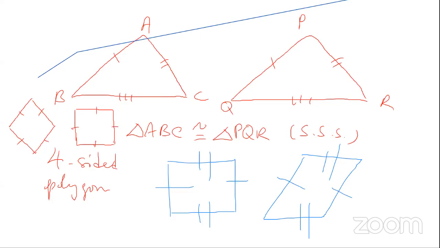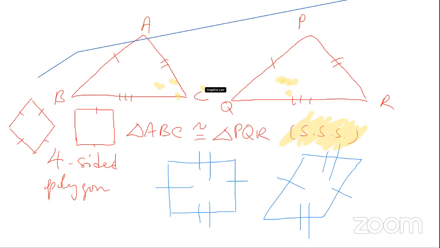Just before we move on to similar triangles, I just want to remind you that when we talk about congruent figures, SSS is true for triangles only, most of the case. If I have three pairs of sides equal, then we can confirm that two triangles are congruent.